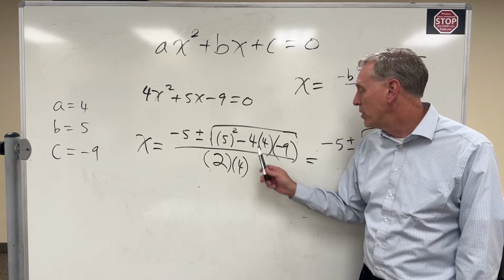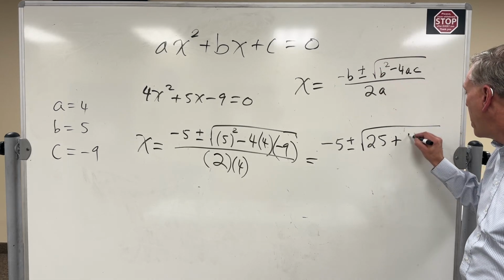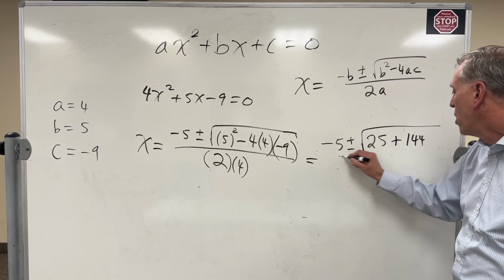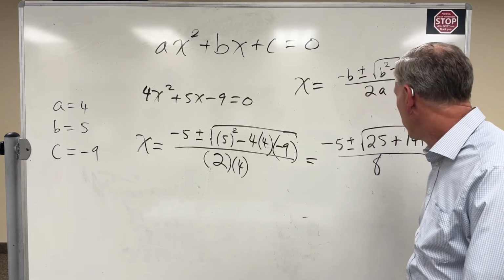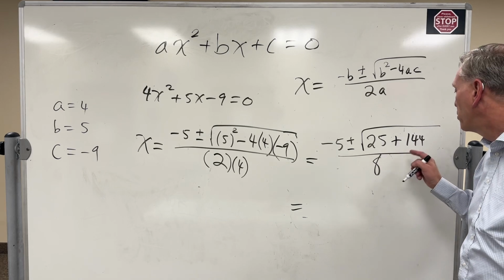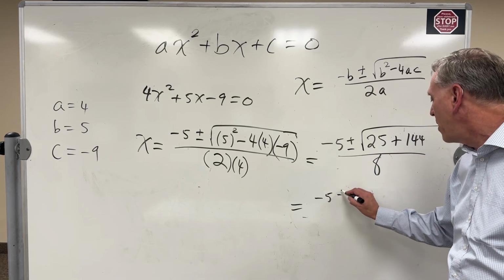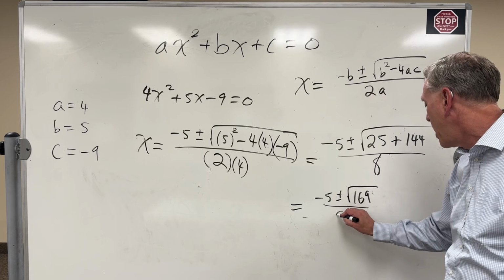That gives us a positive. So it's 25 plus 144, all divided by 8, 2 times 4. Now that is going to simplify a little bit. So this is minus 5 plus or minus the square root of 169 divided by 8.